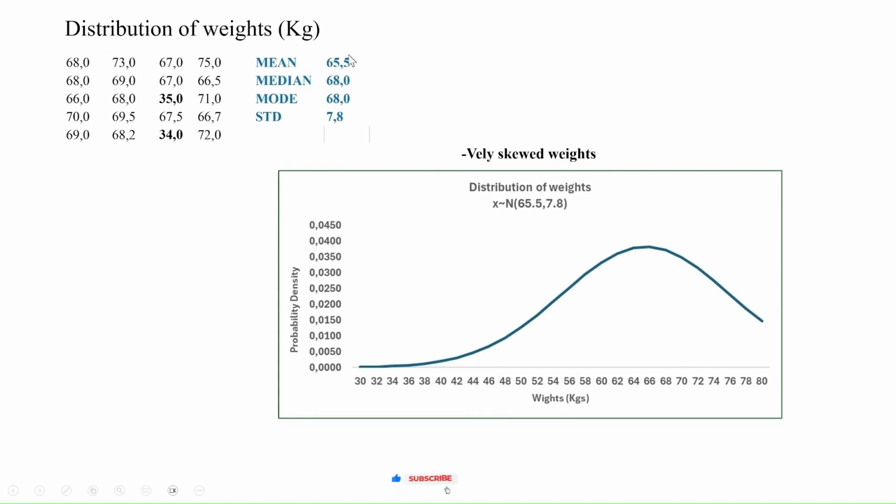This is a biased mean pulled by these extremely low outliers. At this condition, where the outliers are extremely low, the longest tail of the curve falls to the left. This is negative skewness, negatively skewed data.